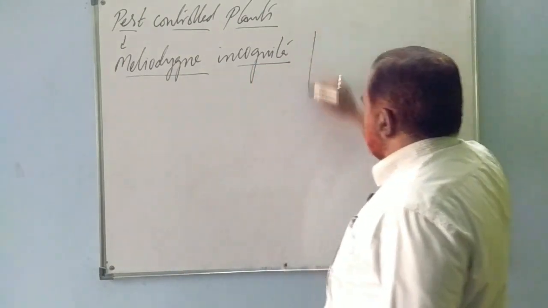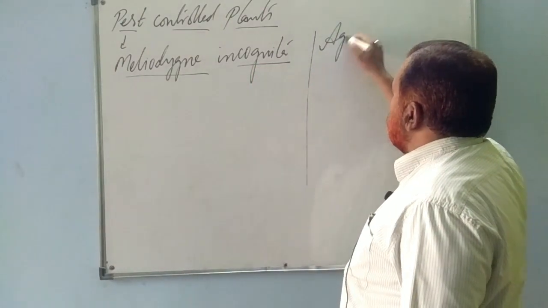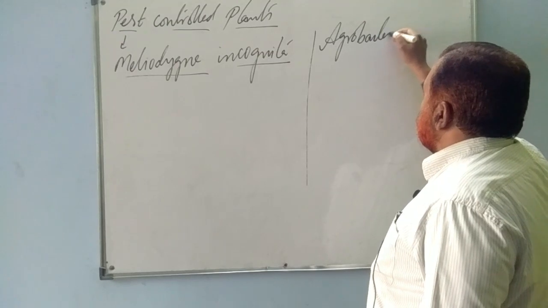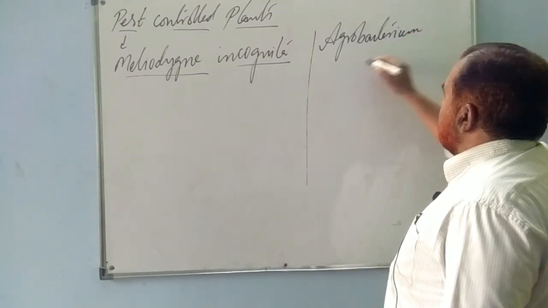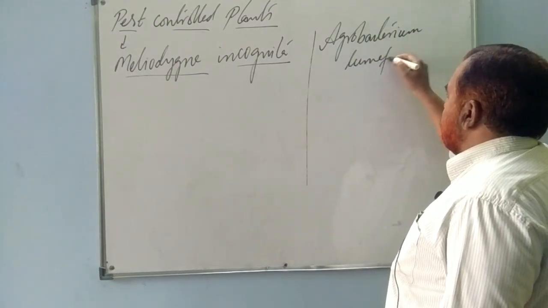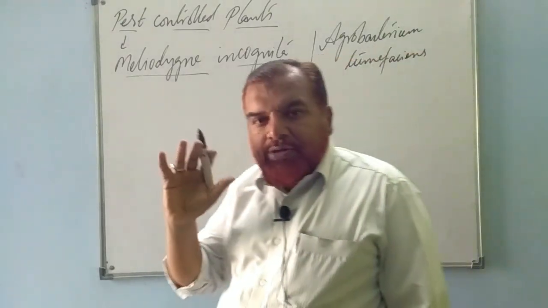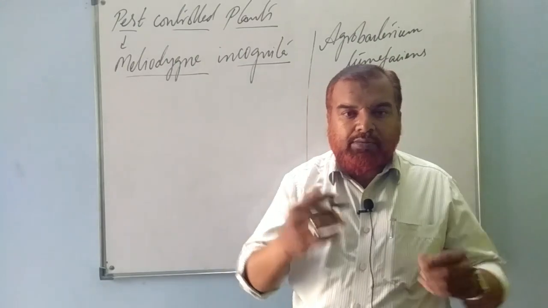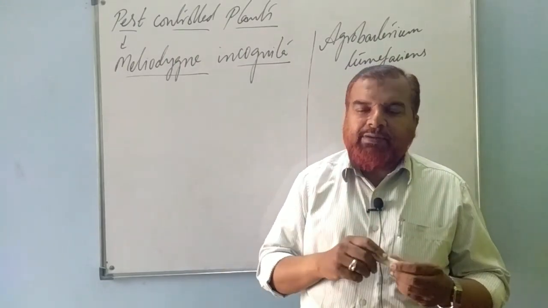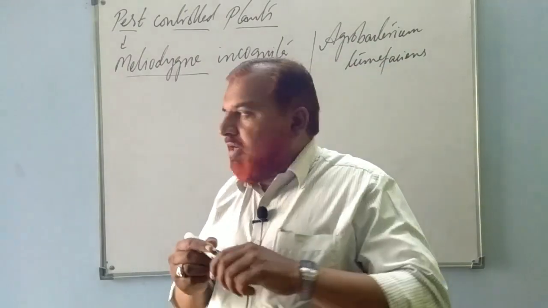Then I will give an introduction to one more bacterium known as Agrobacterium tumefaciens. Let us try to understand this concept first. Then we will talk about RNA interference. It's a technology.